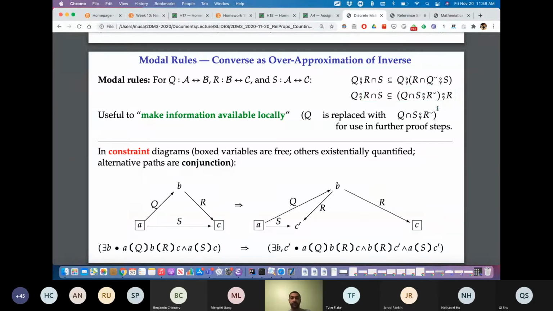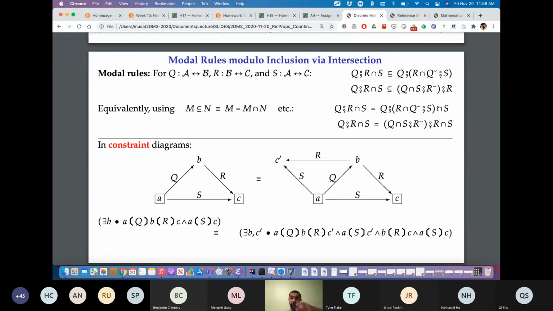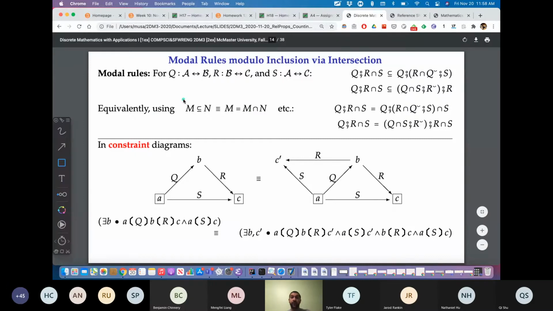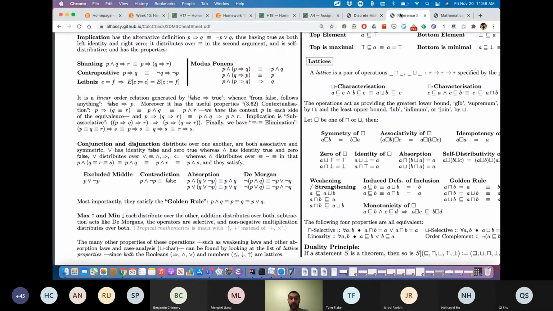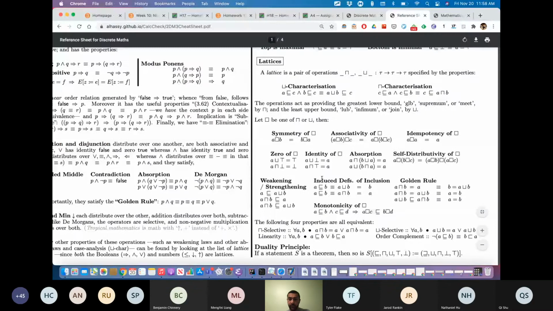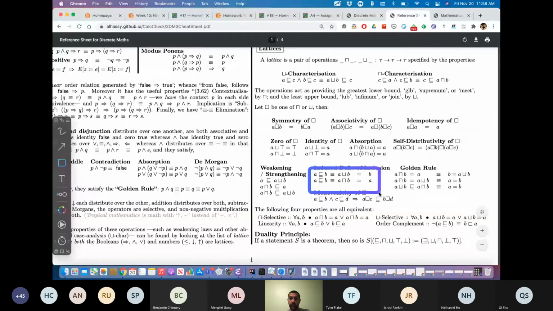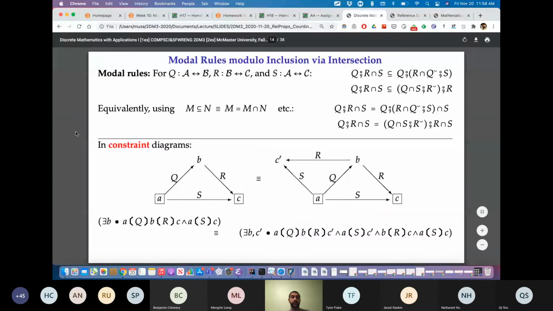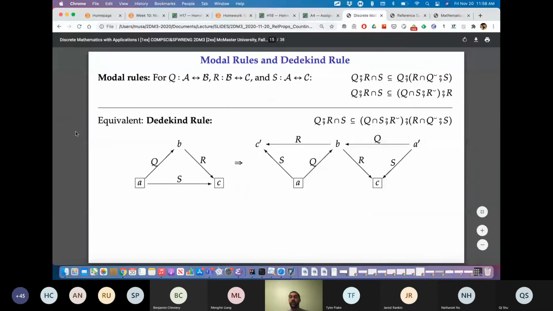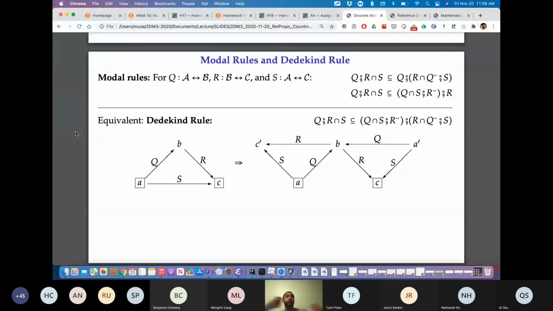Okay. So we talked about these yesterday, and then we said, hey, recall that inclusion can be thought of as meets, and so you can always take these inclusions and turn them into equalities. Okay. So as we said before, you have this induced definition, right? You can always take inclusions and turn them into meets. Right, or joins, and so you can turn these into equalities. Then yesterday we said, hey, what if you do both factorizations at the same time?